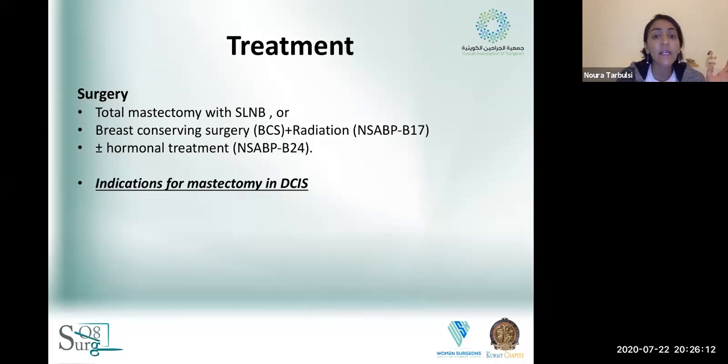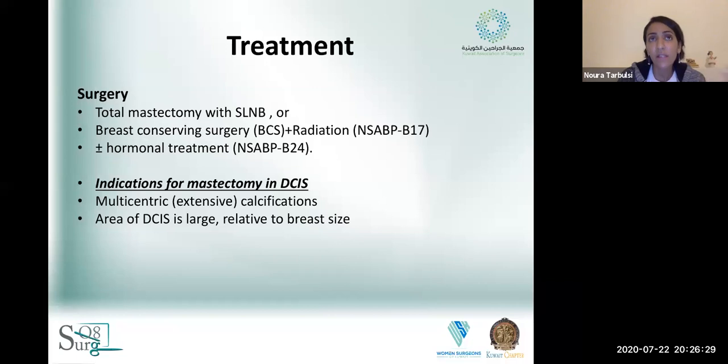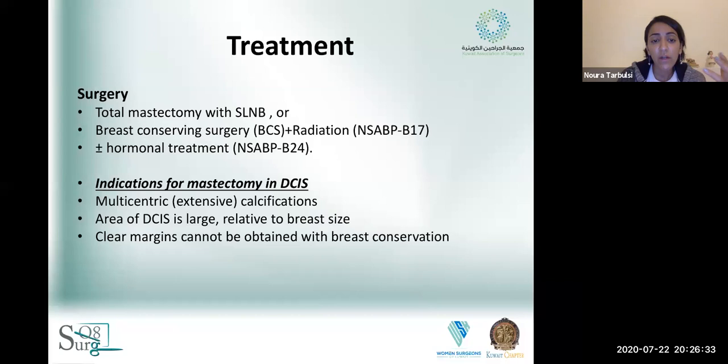What are the indications to do a mastectomy? Multicentric disease, and this is usually predicted pre-operatively on mammogram. When you see extensive microcalcifications, it's usually a sign that it will be multicentric disease. The area of DCIS is large relative to the breast size. Clear margins cannot be obtained with breast conservation.